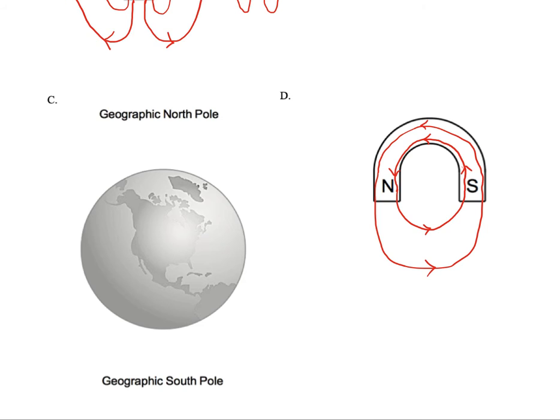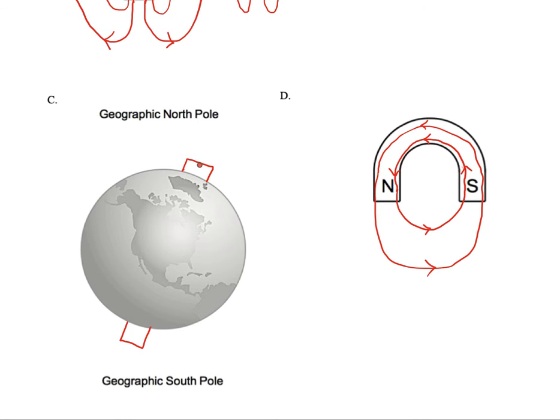Even Earth itself has a magnetic field. The Earth can be thought of as similar to a bar magnet, where one end is a south and the other end is a north. But which is which? The geographic North Pole is the top here, and the geographic South Pole is at the bottom.